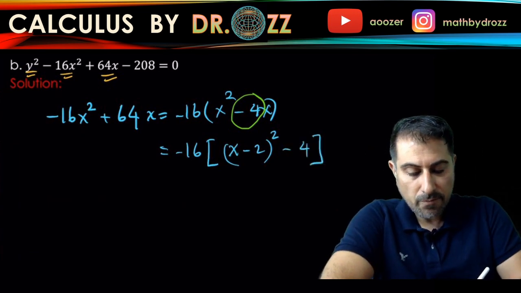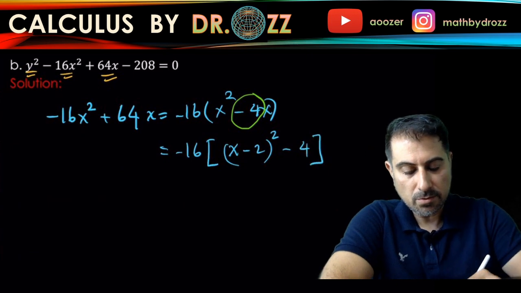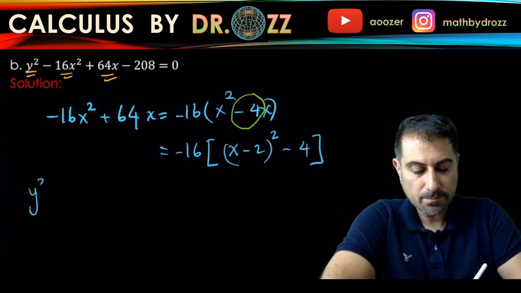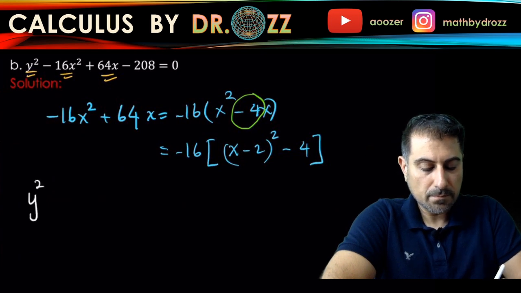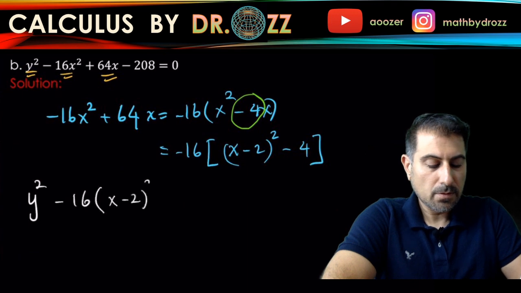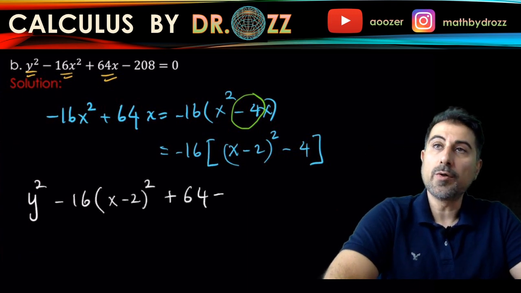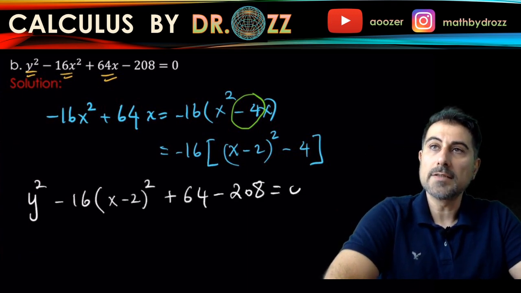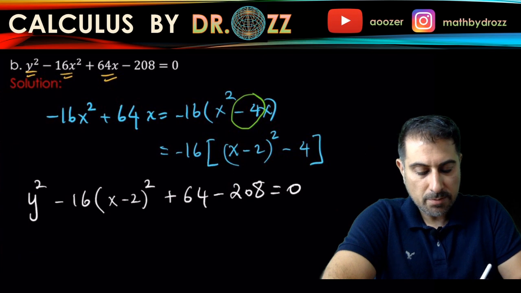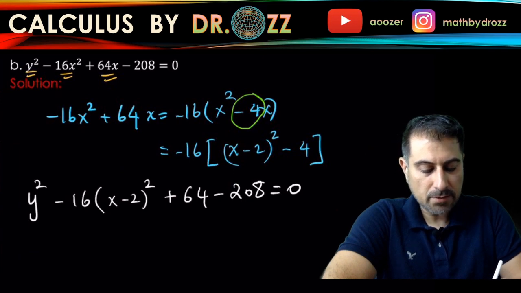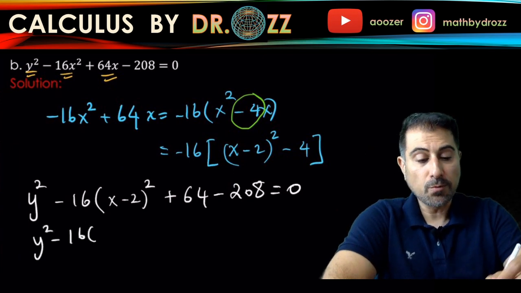So here we go. I have y squared minus, let me use a different color, plus 64 minus 208 equals 0. So I have y squared minus 16 times x minus 2 squared, and that's negative 144.